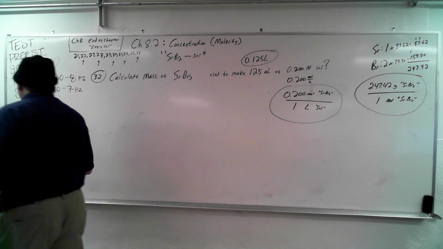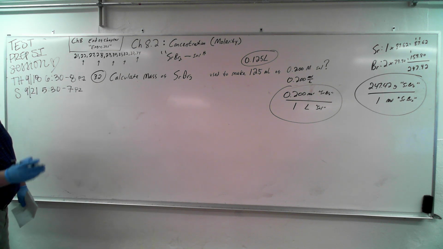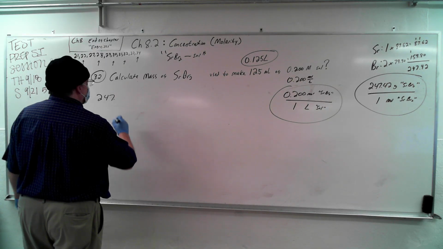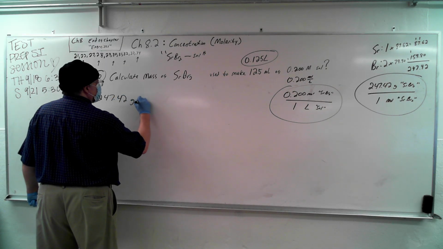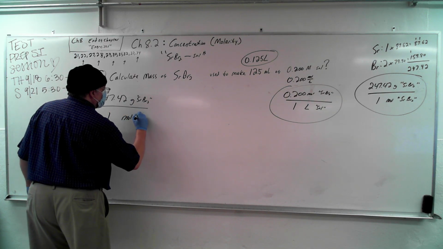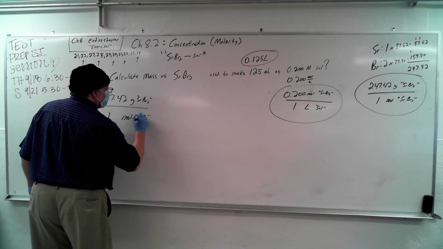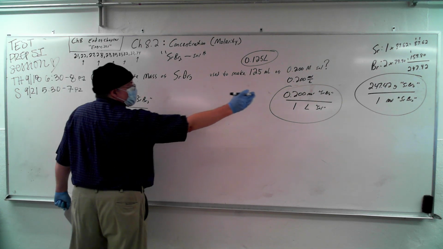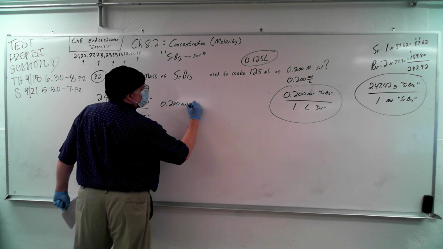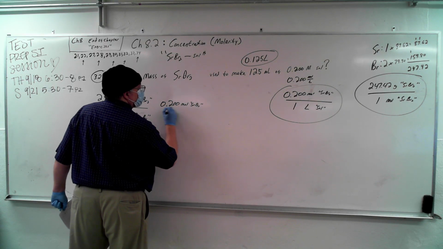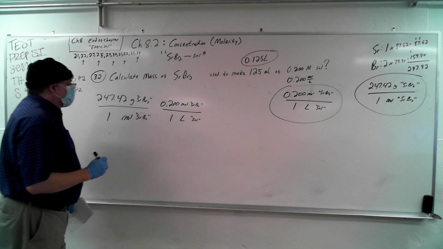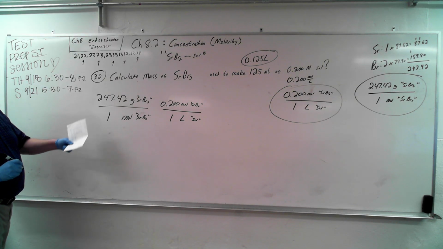And we need those to cancel down to grams. So I'm going to put my grams first, just so I know they're on top. Grams of SrBr2 is 1 mole. Now I need moles to cancel. Moles are here. 0.200 SrBr2 to 1 liter of SrBr2 solution. Now if I can just get the liters to go away, I'm down to grams.